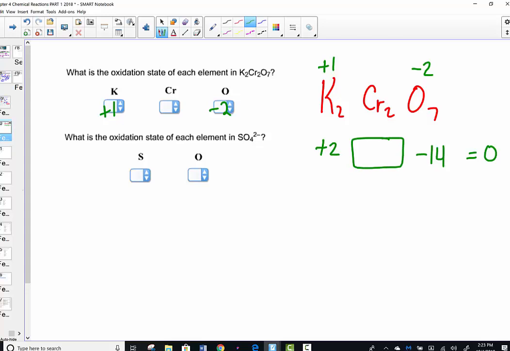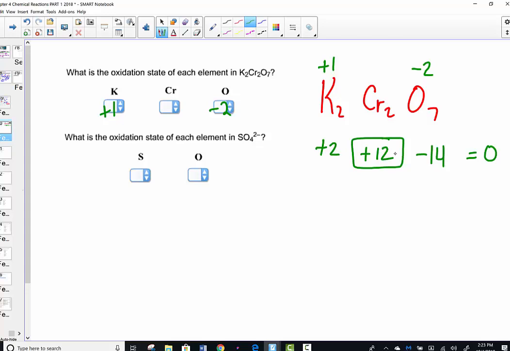Then I leave the middle guy to create an electrically balanced compound. I've got a +2 and a -14. They have to give me 0 by the time I'm done adding them all together. What goes in the box to give me 0 by the time I'm done summing the values? It's a +12. You're giving me both answers, right?